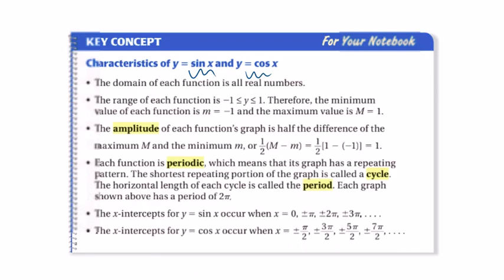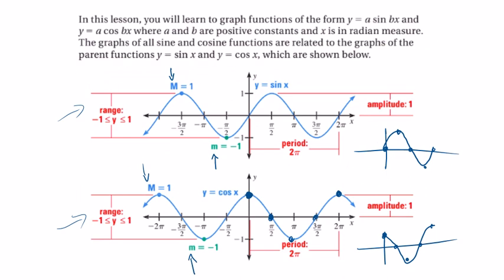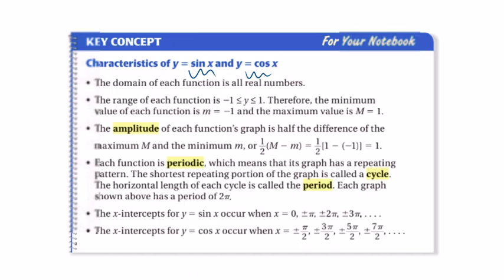And then the period. When a function is periodic, it means it repeats. And as you can see, it definitely repeats after a while. It keeps going left and right here. So the shortest repeating portion of the graph is called a cycle. You might hear me say the word cycle, or you might hear me refer to how long it takes for each cycle to repeat.